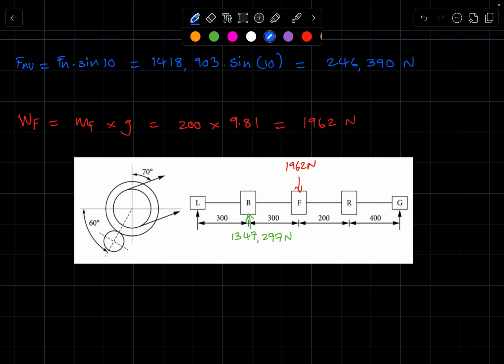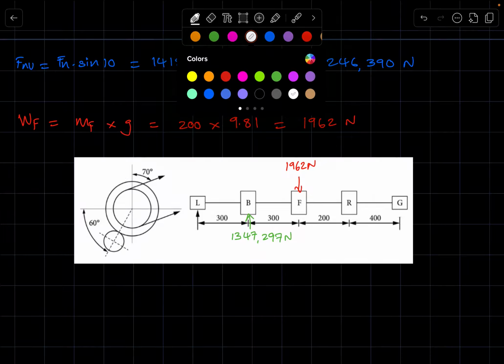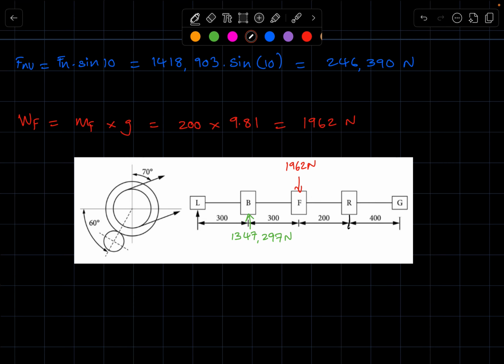And then as far as the normal force or the component thereof, just take note here, in the beam illustration, there is a mistake. This wasn't supposed to be there. Instead, it was supposed to be on the right bearing.